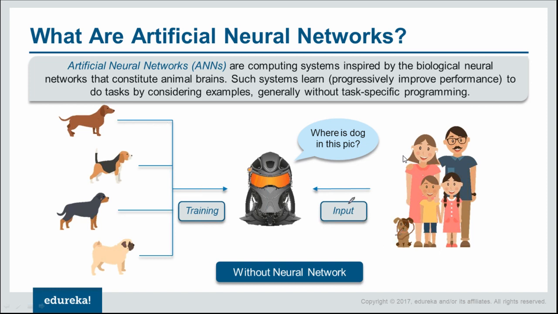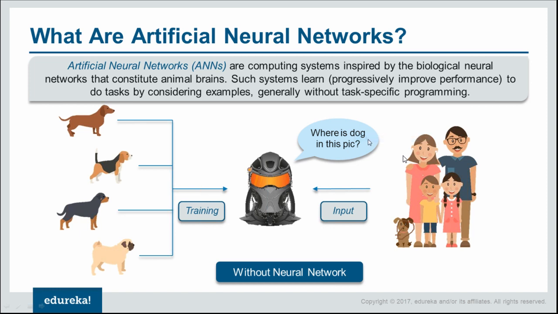But if we talk about machine programs which have learned just by looking at these images, they cannot generate a pattern out of them for the dog, and will not be able to guess that this is also a dog. So without a neural network, we will not be able to do such good classification.